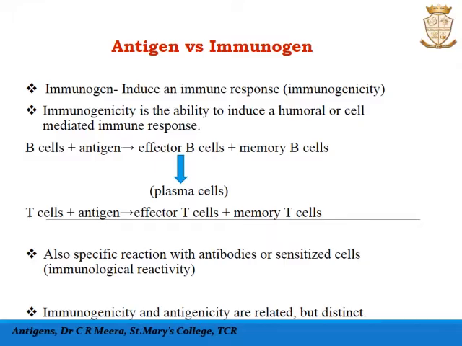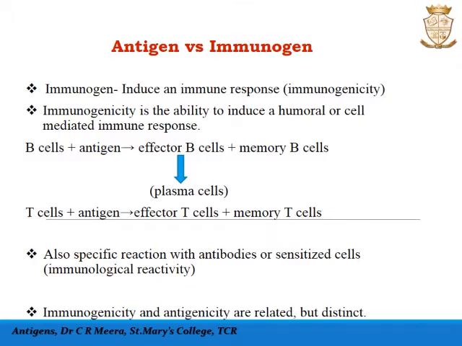The next attribute of an immunogen is immunological reactivity. Immunological reactivity is the specific reaction of antigen with the thus formed antibodies or the sensitized cells. Thus, an immunogen should be able to induce either cell-mediated immunity or antibody-mediated immunity, and should specifically react with the products of such immune response.